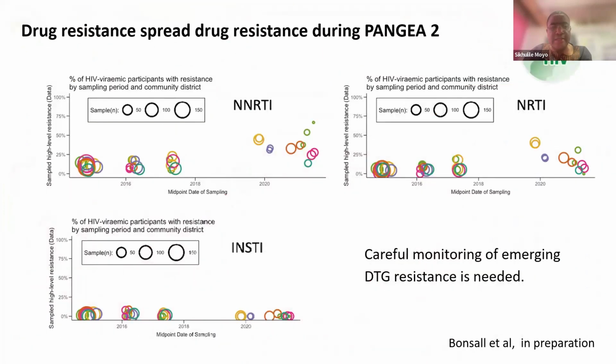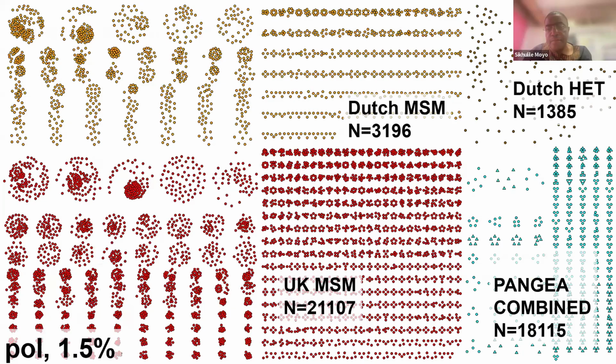This data shows the distribution of the clusters. If you look at the Dutch MSM and the UK MSM, these dots that you see in red indicate HIV sequences that represent individuals who are in a transmission chain or in a cluster.